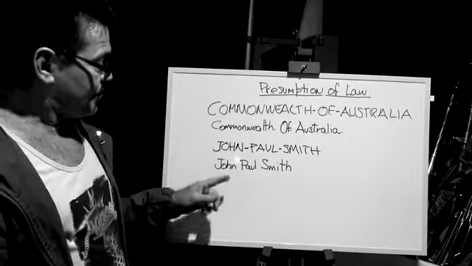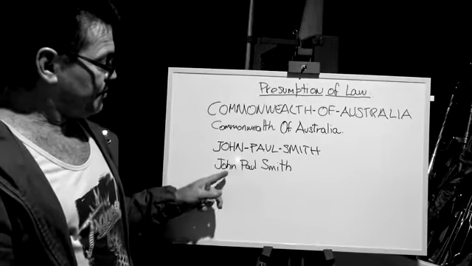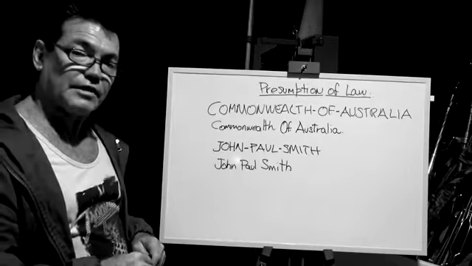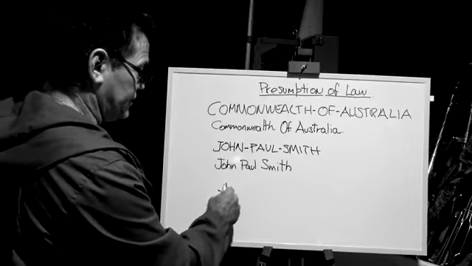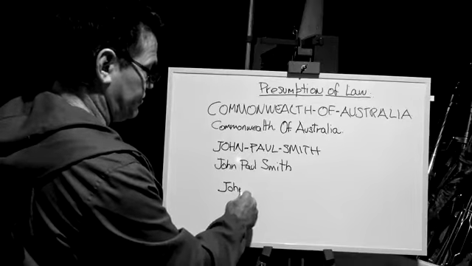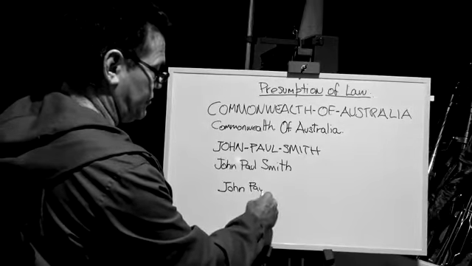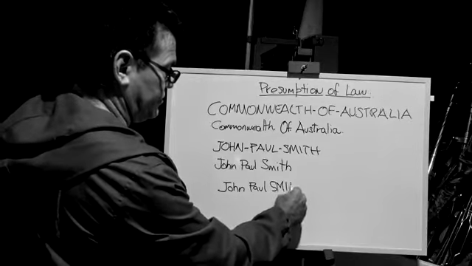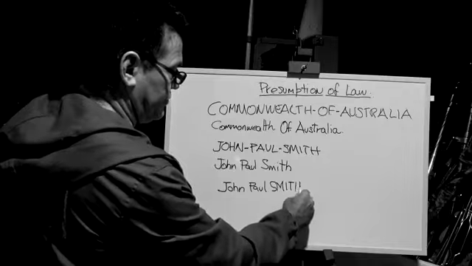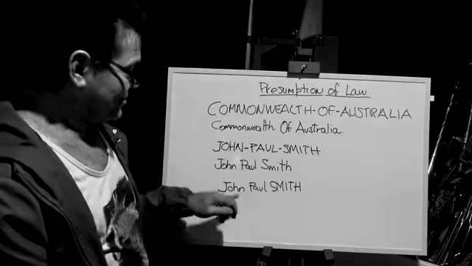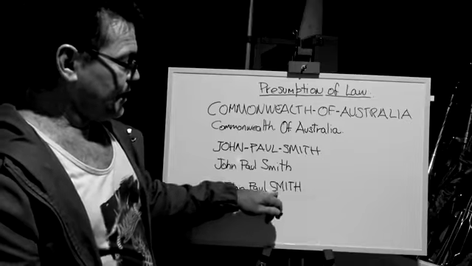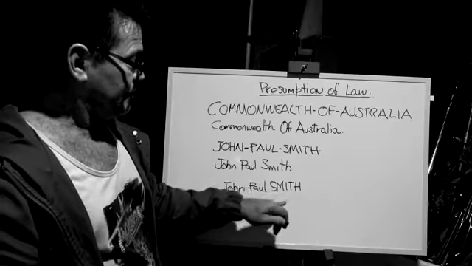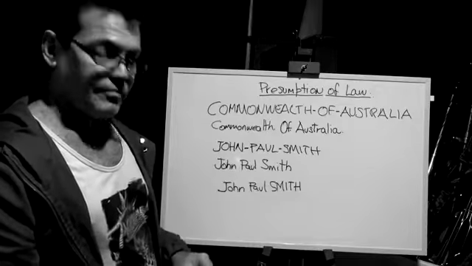Now of course, even if you think your name is John Paul Smith, you will probably notice also on your birth certificate a name looking like this, where your Christian name and your surname appears on the one page, but grammatically there's no joinder between the two.